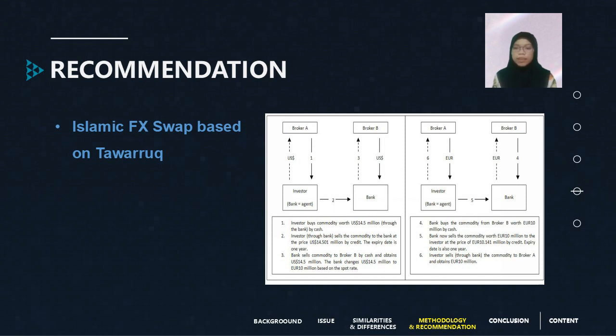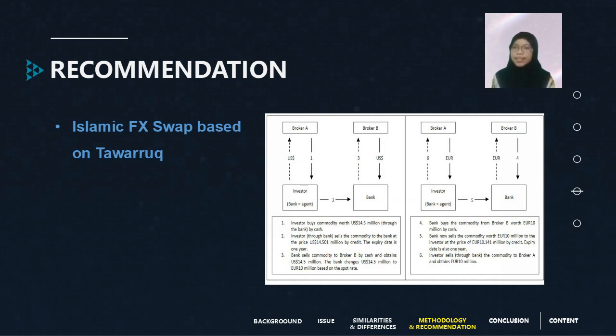For example, suppose an investor has $14.5 million and wants to invest in euro currency but does not want to be subject to currency swings. This foreign exchange swap product is designed to safeguard investors from the dangers of currency rate fluctuation.